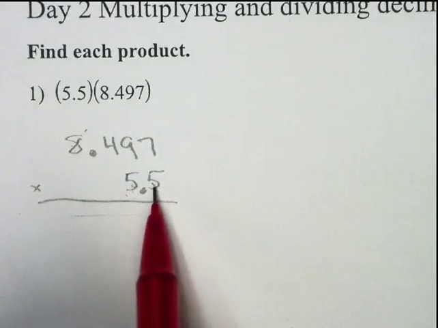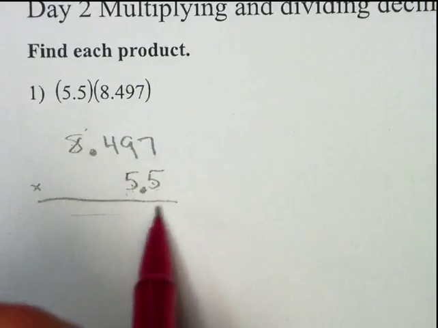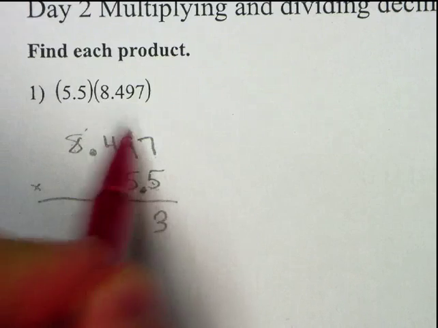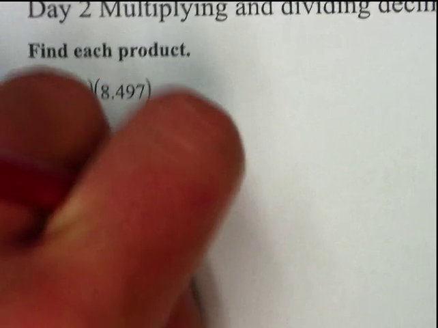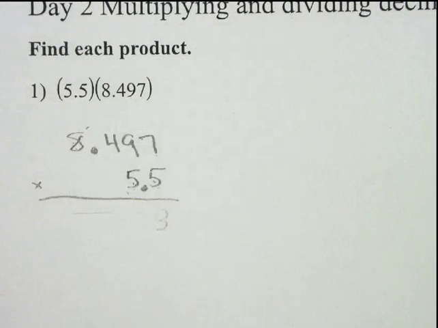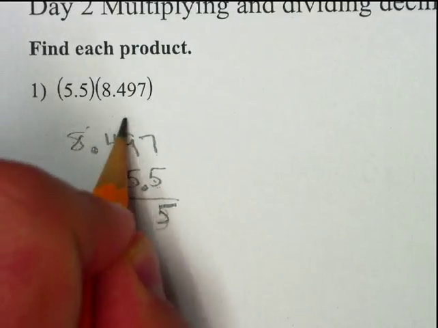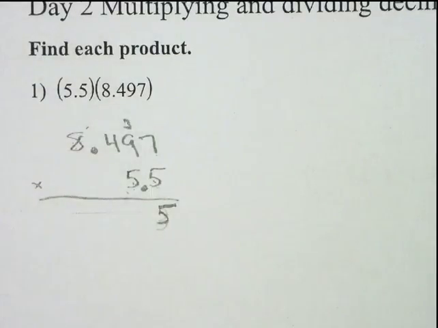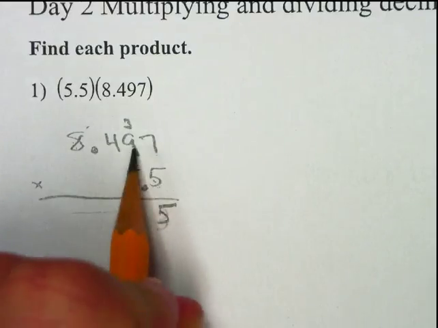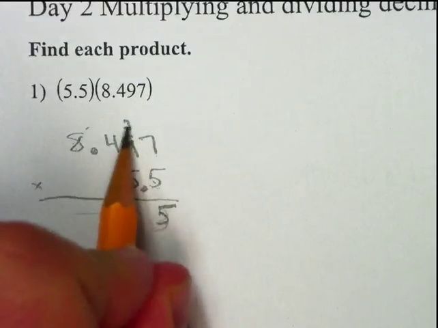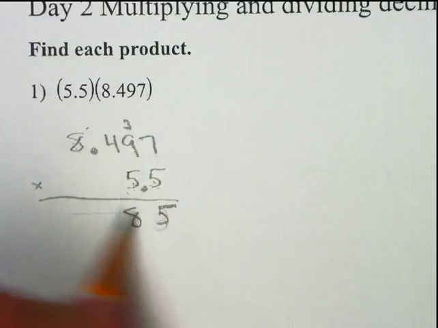So here we go. First we do 5 times 7, 30. Oh, I already started off wrong. 5, sorry. Okay, so 35, and then 5 times 9 is 45, plus 3 is 48.